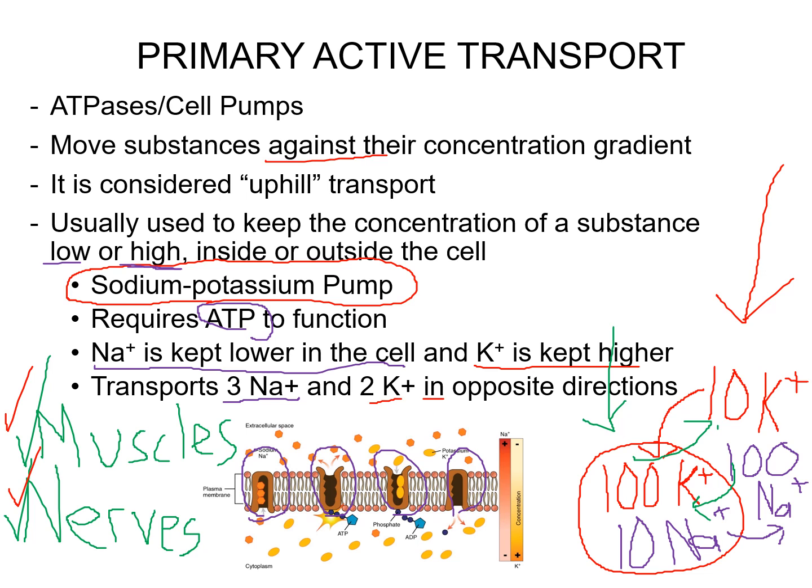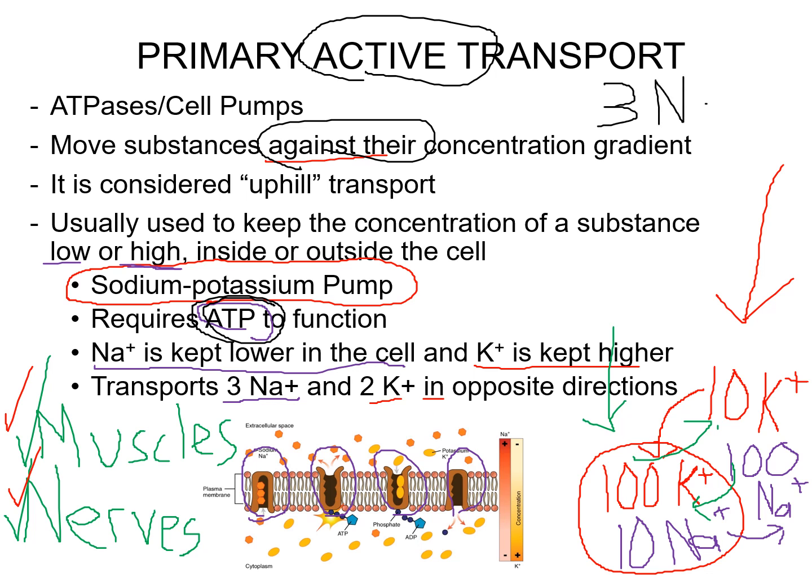So, to summarize all this information that we just talked about, this is an active transport. What that means is we're going against the grain, and because we're going against the grain, we need ATP to accomplish this. What we're doing from a cellular standpoint is we are kicking 3 sodiums out of the cell.